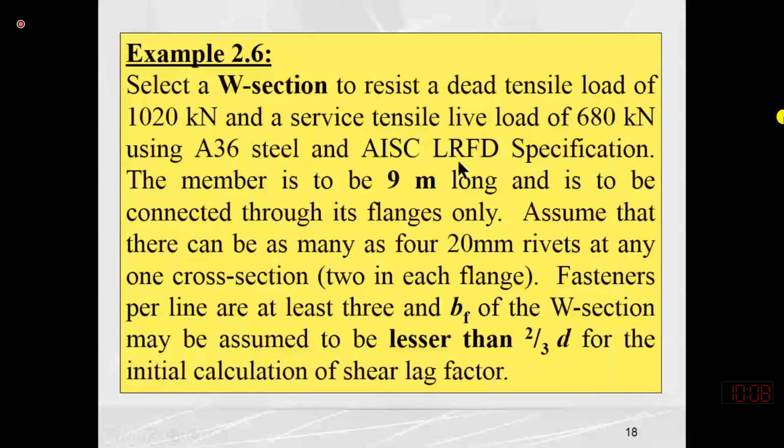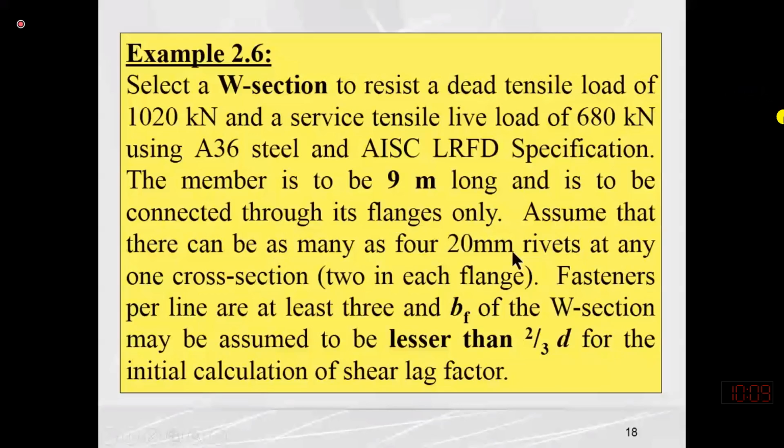The length of the member is 9 meters and it is to be connected through its flanges only. This means we are connecting this W section through the flange, punching holes in the flange and connecting to the gusset plate or any other section. Assume there can be as many as four 20 mm rivets at one cross section.